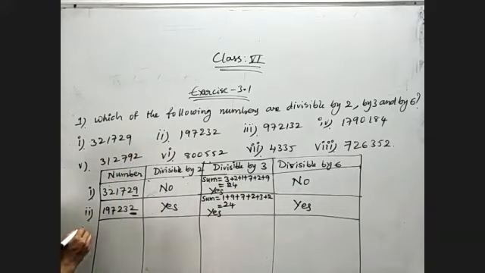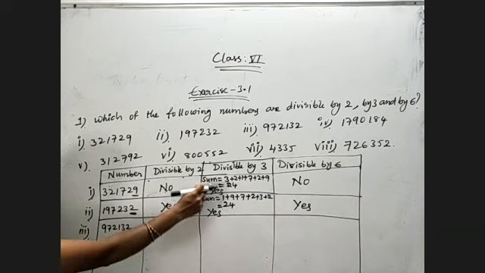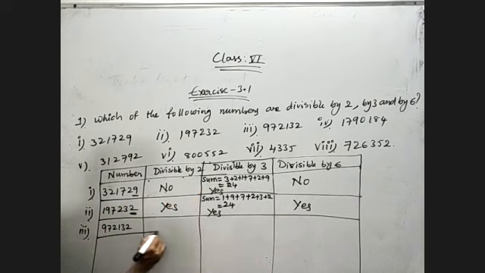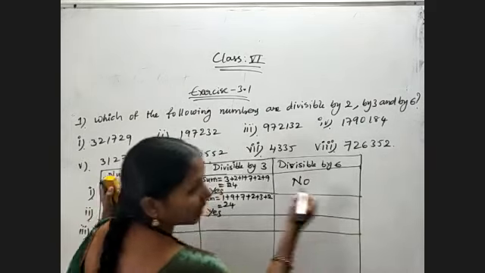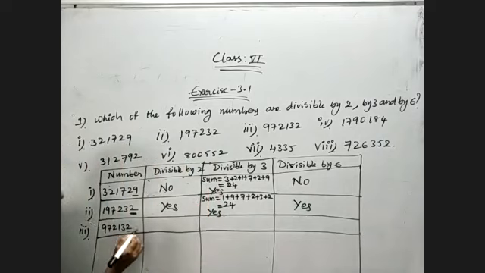And coming to the third question, 972,132. In all these numbers observe, just the digits are interchanged. All the numbers have the same digits. That's why you got sum 24. Now for the third question also you will get the sum 24 only. So because 2 is there, it is divisible by 2.